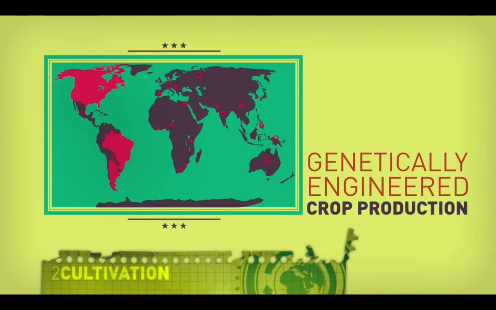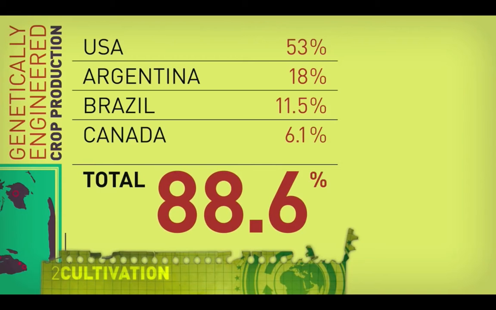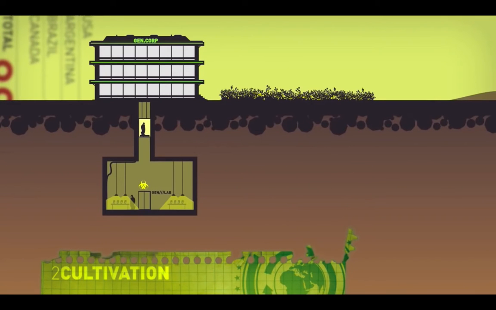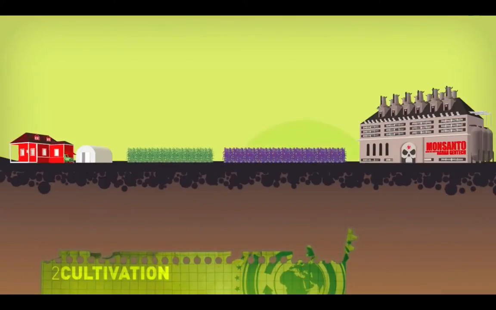Currently, 90% of GE cultivation occurs in the Americas, particularly in the USA, Argentina, Brazil, and Canada. It seems researchers have forgotten that genetically engineered crops once outside can no longer be controlled like they could in the lab. GE crops can self-replicate and pass on their new characteristics to neighboring crops, penetrating the fields of farmers who want to cultivate their crops without genetic engineering.